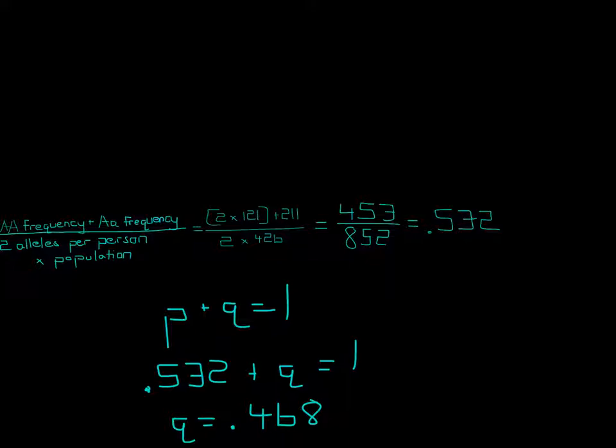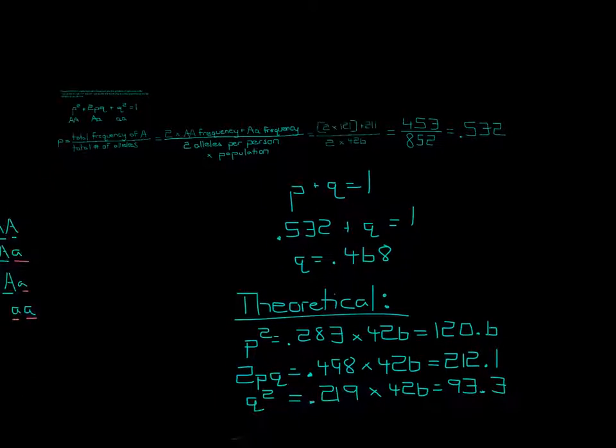So this is our P frequency, the frequency with which the P allele occurs, because P squared is the genotype, the frequency with which the genotype occurs. So this is 0.532. Now we can solve for Q.